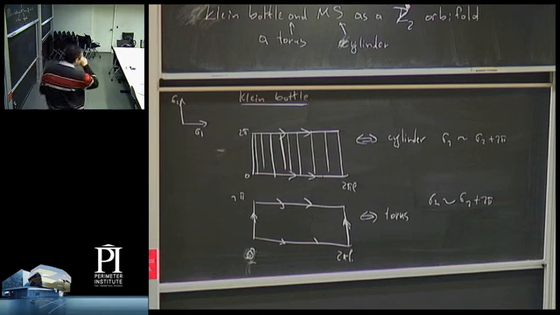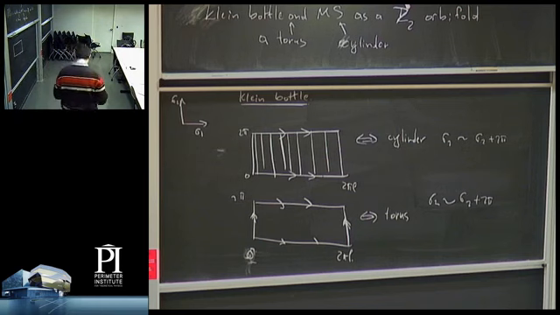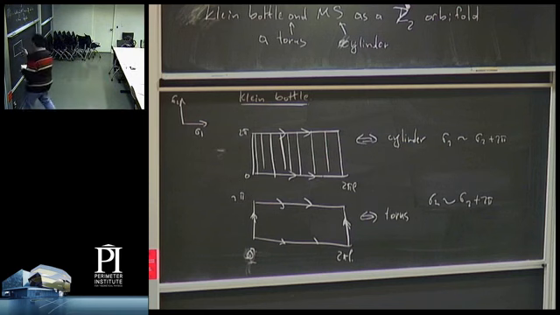I'm going to discuss first the Klein bottle. So here I have sigma 1 and sigma 2. Let me introduce some conventions that I'm going to be using. Sigma 2 is periodic. Let me go slow. I'm going to write down my surfaces with identification.